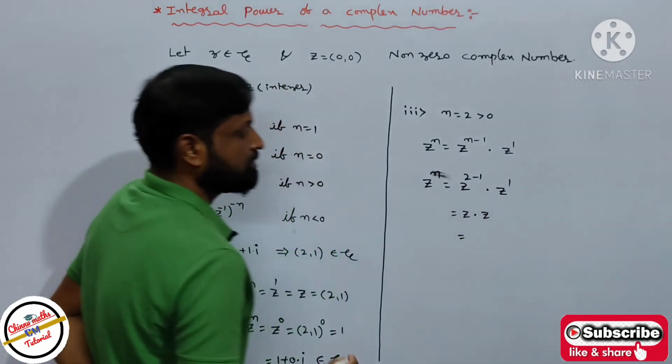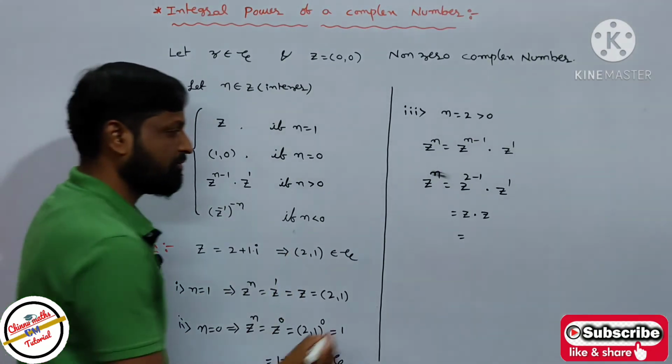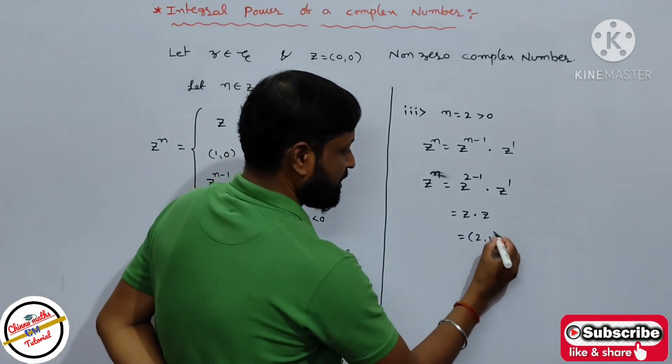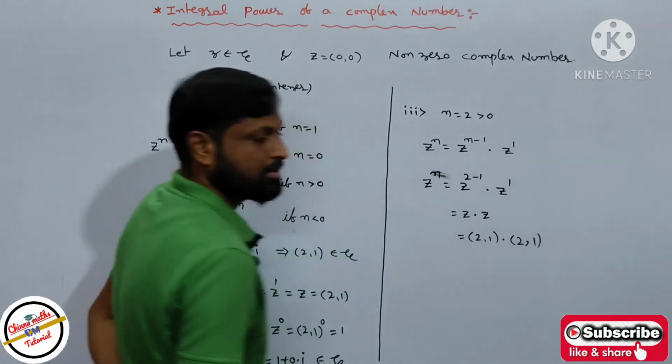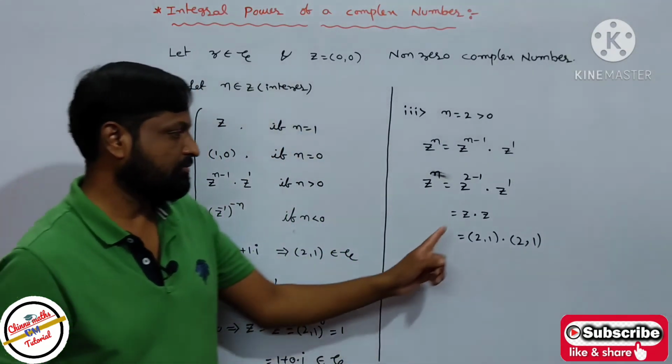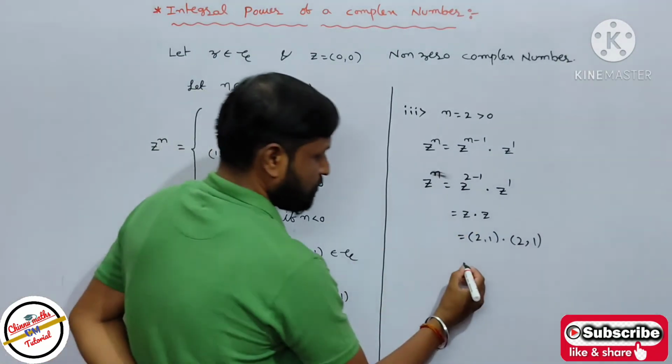What is the z value? The complex number z equals 2 comma 1. Then 2 comma 1 into 2 comma 1. See here, it is the multiplication of two complex numbers. How can we write the multiplication of two complex numbers?